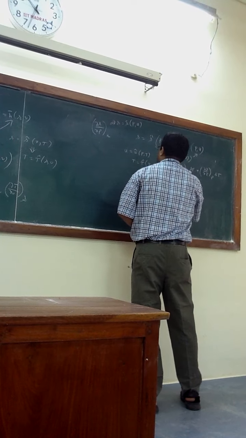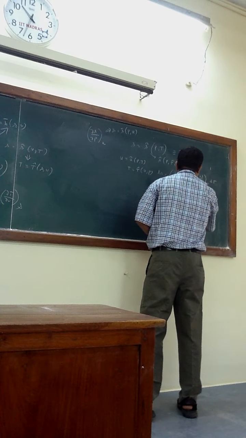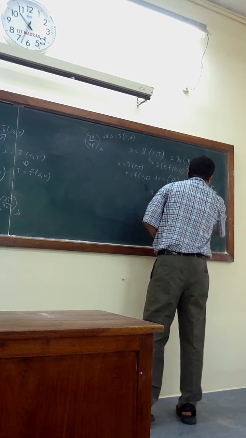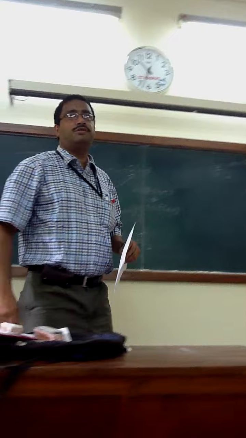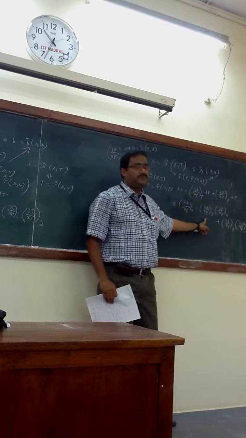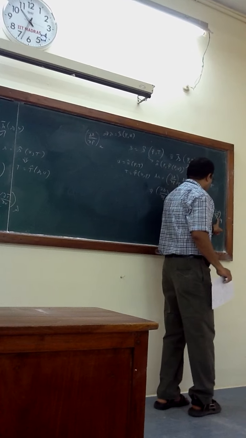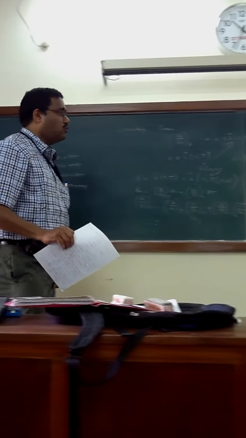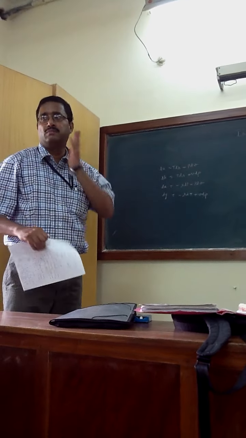Then we have dou S dou P at fixed U, which is dou S dou P at constant T times dou P dou P at constant U, plus dou S dou T at constant P times dou T dou P at constant U. Dou P dou P is 1, dou S dou P at constant T we know, and dou T dou P at constant U by the implicit function theorem is minus dou U dou P at constant T by dou U dou T at constant P. So you can evaluate all derivatives.